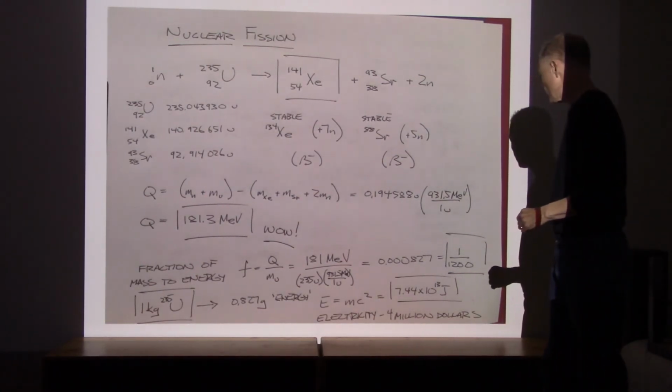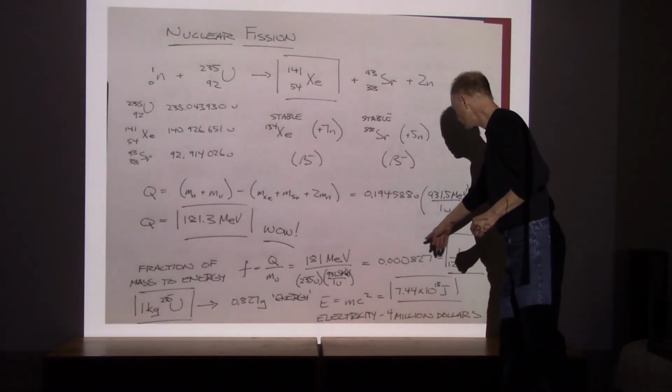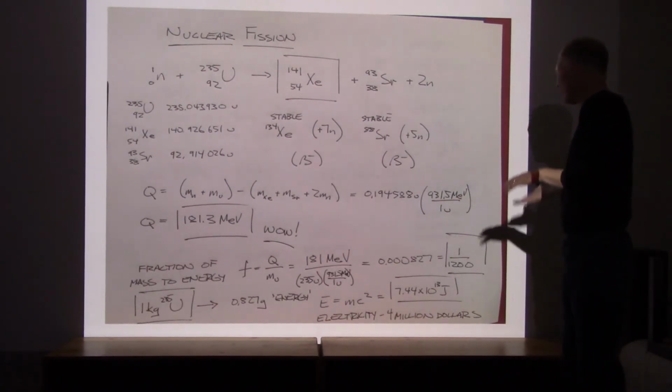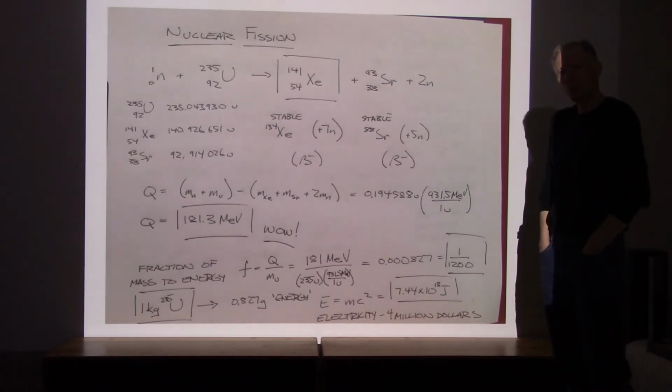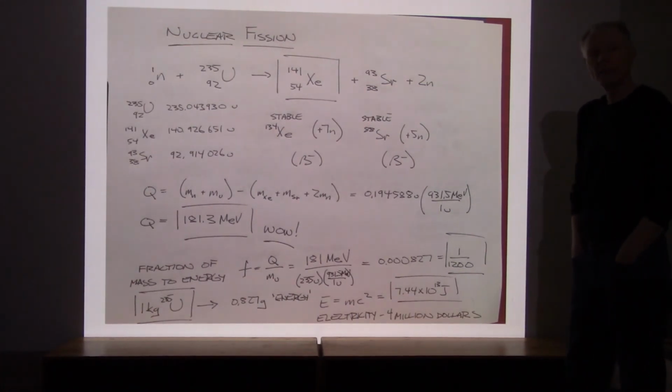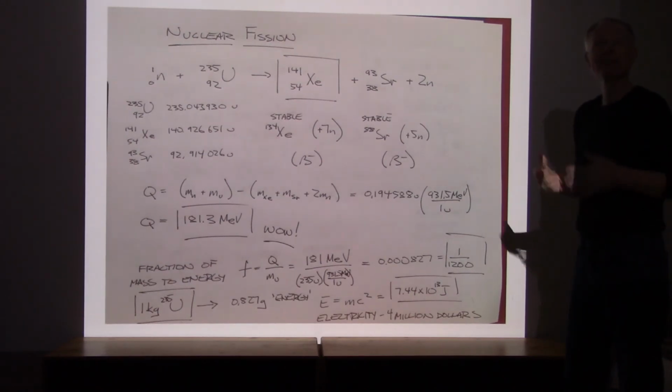So what I'm getting to here is, now 1 out of 1200 might not seem like much, but that's a pretty measurable, significant amount of the mass that disappears in this reaction.